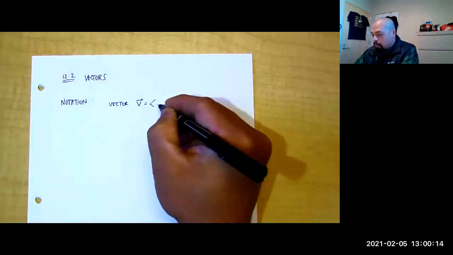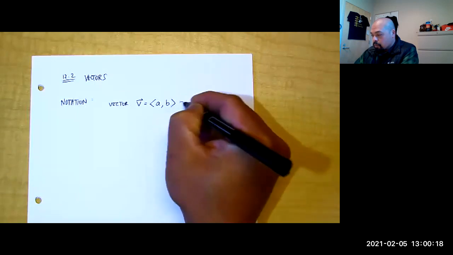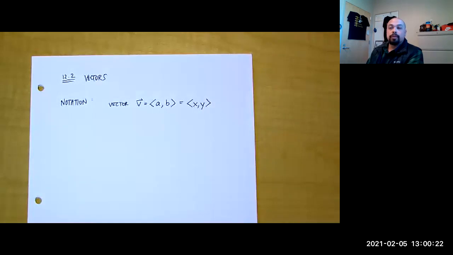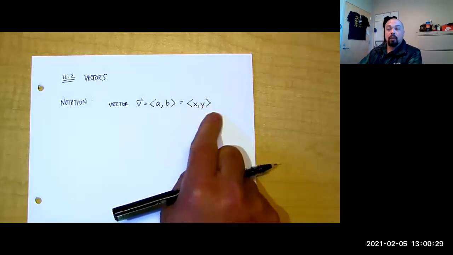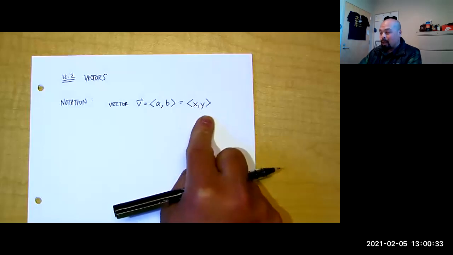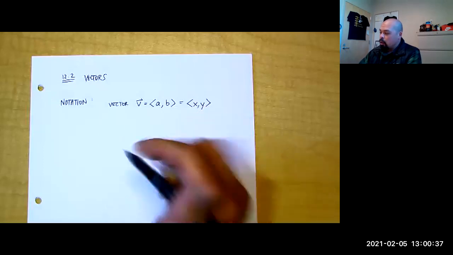And we have our components of that vector, whether it be in two coordinates, two components, A and B, or X and Y. We start to give it that kind of organization in our coordinate system: the first coordinate, the X direction, the second component, the Y direction.